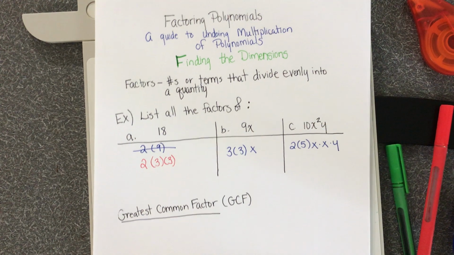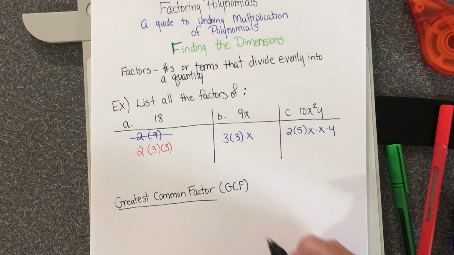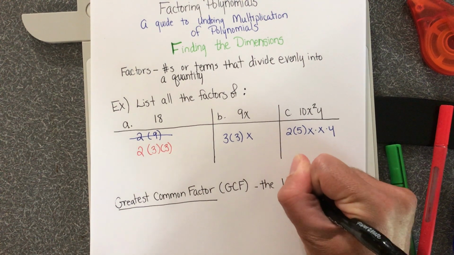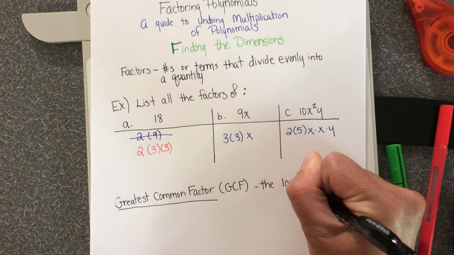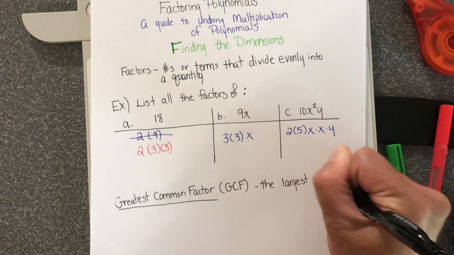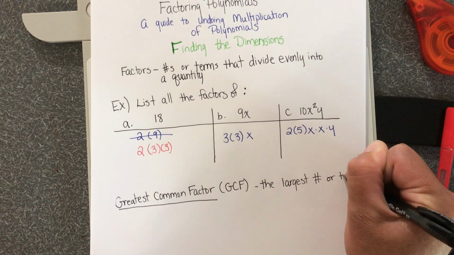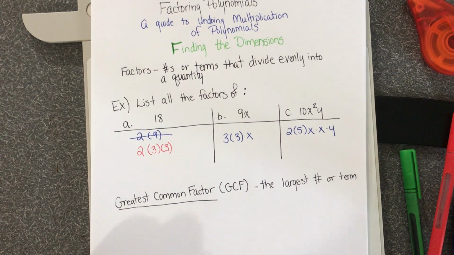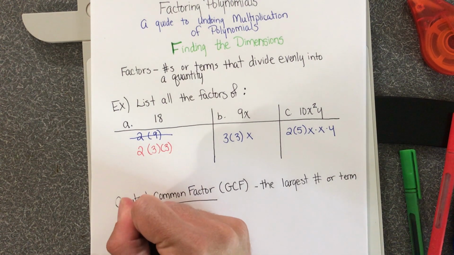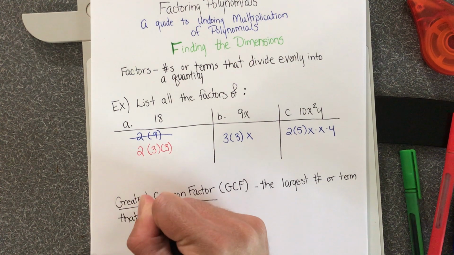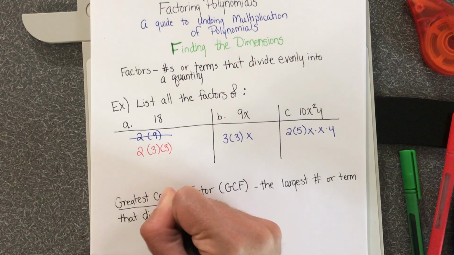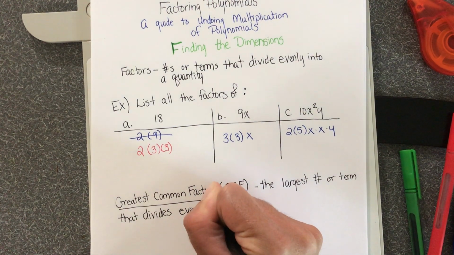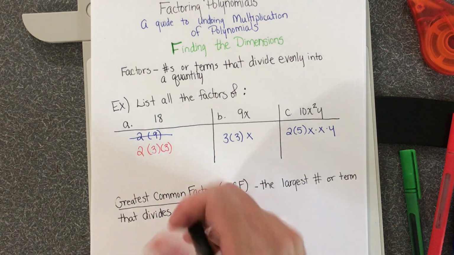Greatest common factor is the largest number or term that divides evenly into a set of terms.